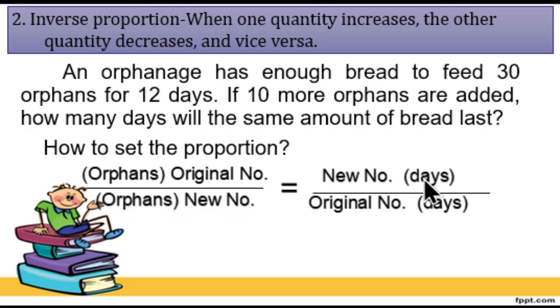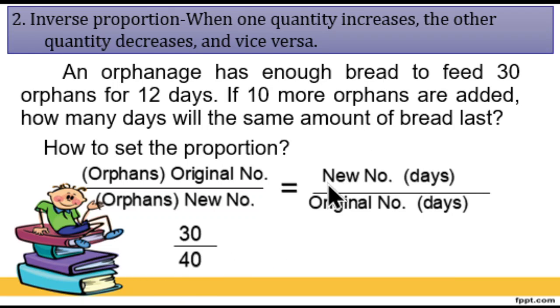Okay, to continue. Again, 30 is the orphans over 40. Why is it 40? It's because we add 10 plus 30. Again, 30 is the original orphans, we add 10 more orphans, so 10 plus 30 is 40 orphans.